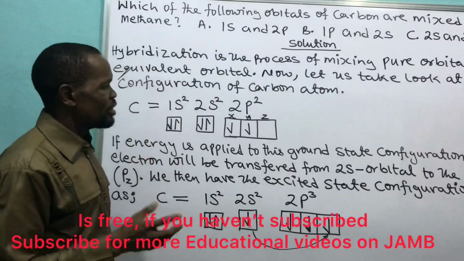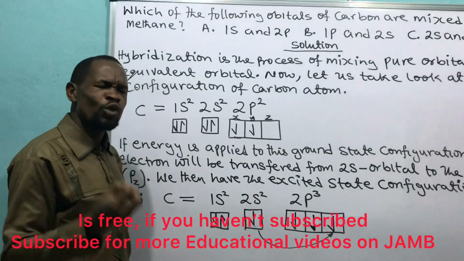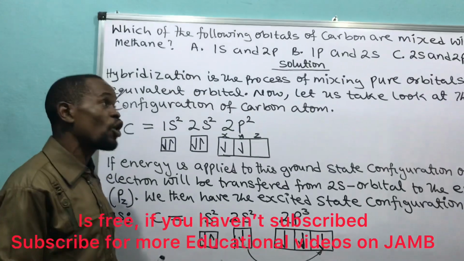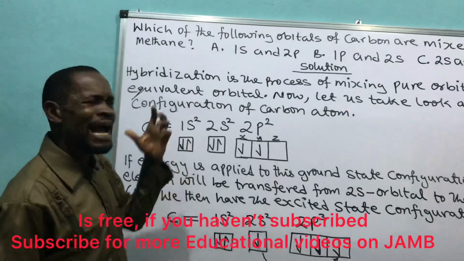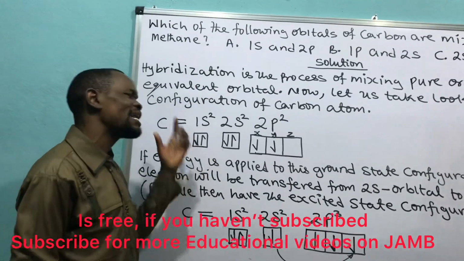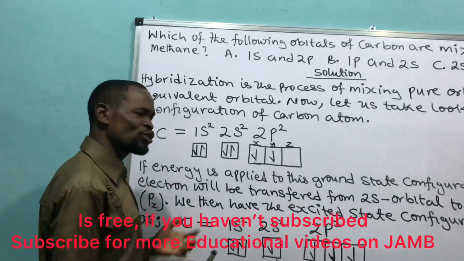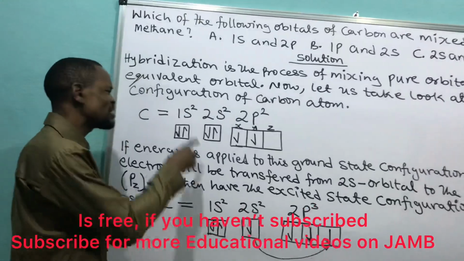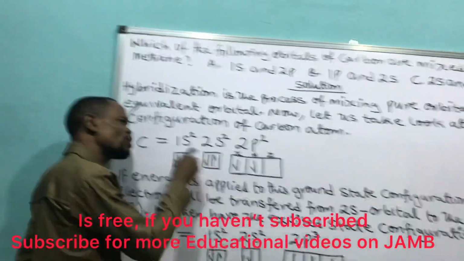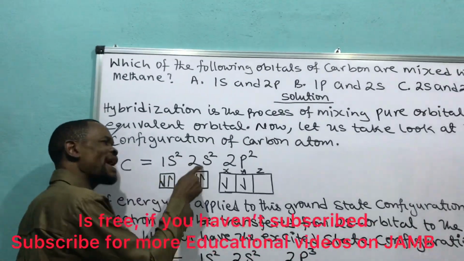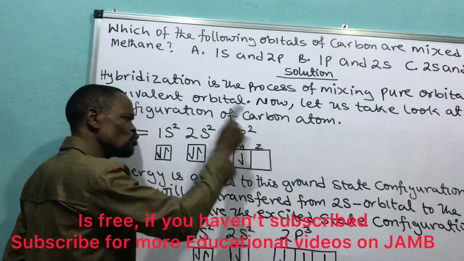The electronic configuration of carbon is our reference point, because when we talk about sp, sp2, sp3 hybridization, we are talking about carbon. The electronic configuration of carbon is 1s2, 2s2, 2p2.